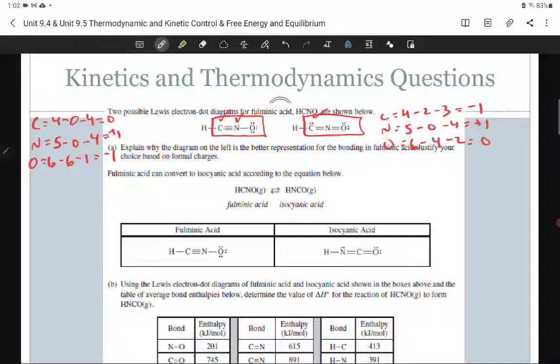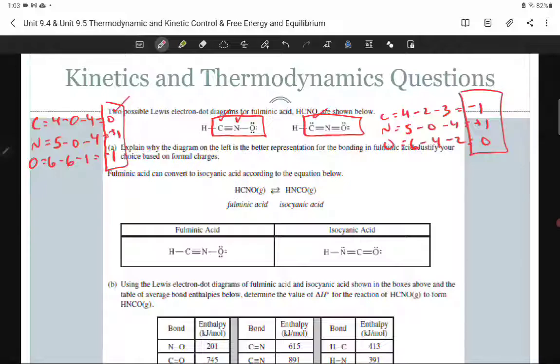This is a difficult one here. I don't know if you're going to get this kind of question very often on the AP tests. But if you have to break a tie, we would love carbon to be 0.